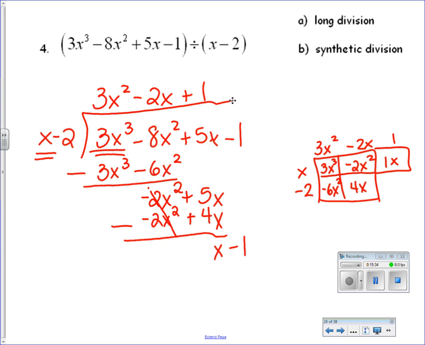And then 1 times x is x. 1 times negative 2 is negative 2. Subtract. The x's will drop. Negative 1 minus negative 2 becomes plus 2, which is going to be 1. And then that's my remainder. So then to finish this, I would write plus 1 over x minus 2.